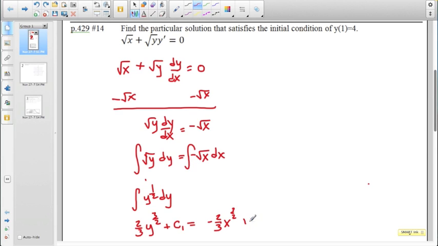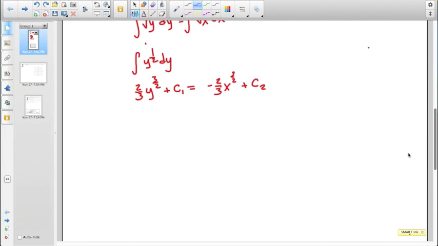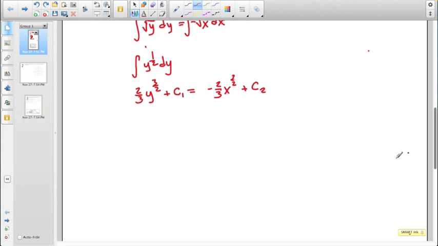And again, I'll put a constant of integration here as well, because we did technically anti-differentiate both sides, so each side leads to a constant. You don't really have to do that, because if we take this constant over to the other side, excuse me, that's the wrong subscript. If we take this constant over to the other side so that we just have a constant on one side, then a constant minus a constant is just another constant.